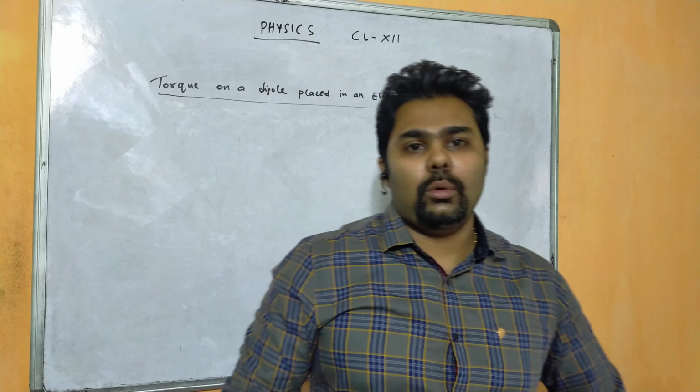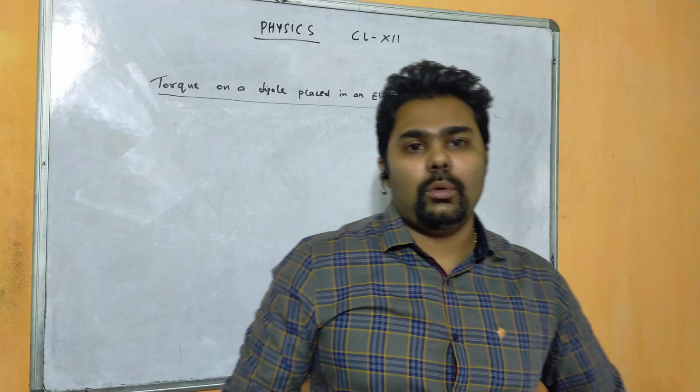Okay, so the electric field is directed from left to right. Now if you place an electric dipole here, that is plus q and minus q, separated by a small distance of 2L, and you place this dipole in this position, then it will experience less force.